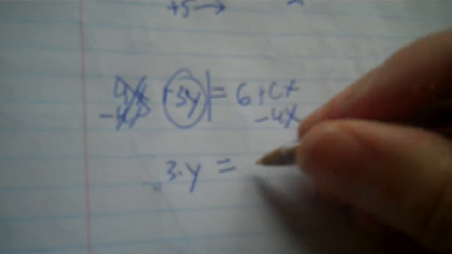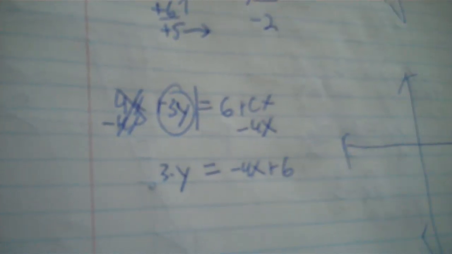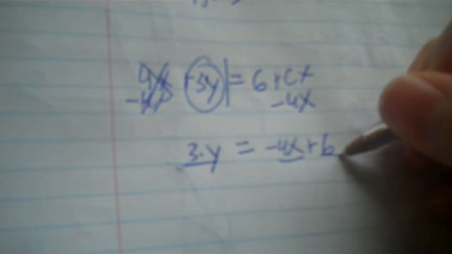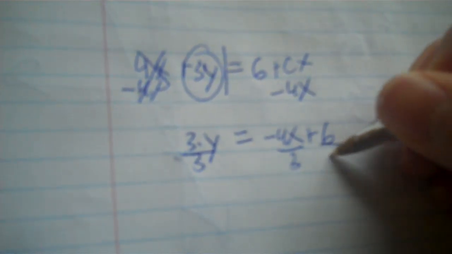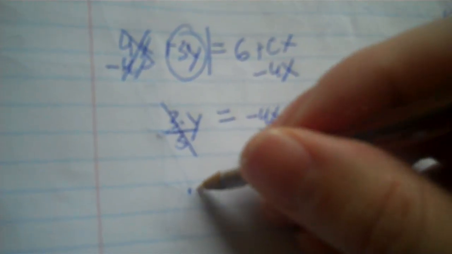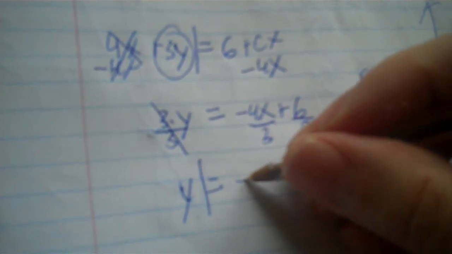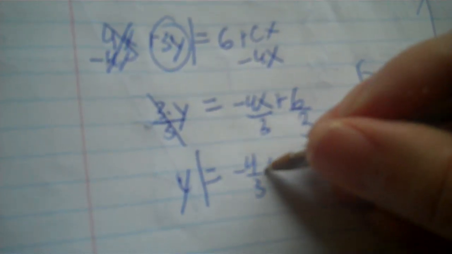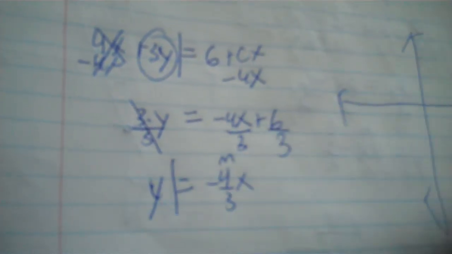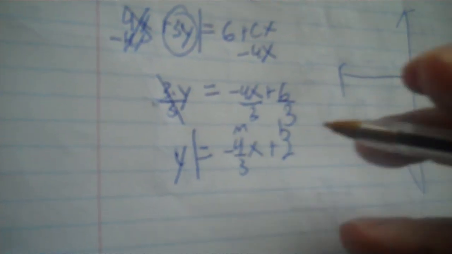So I line up my equals, we got 3 times y. 0 minus 4 is negative 4x, and then plus 6. Now divide everything by your 3. And the y is now by itself, so negative 4 divided by 3, that's a decimal, so you got to keep it negative 4 over 3x, and there's your slope. 6 divided by 3 is 2, there's your b.